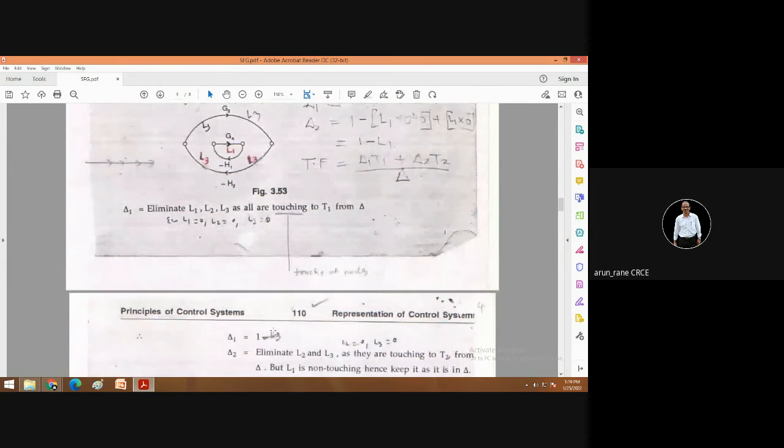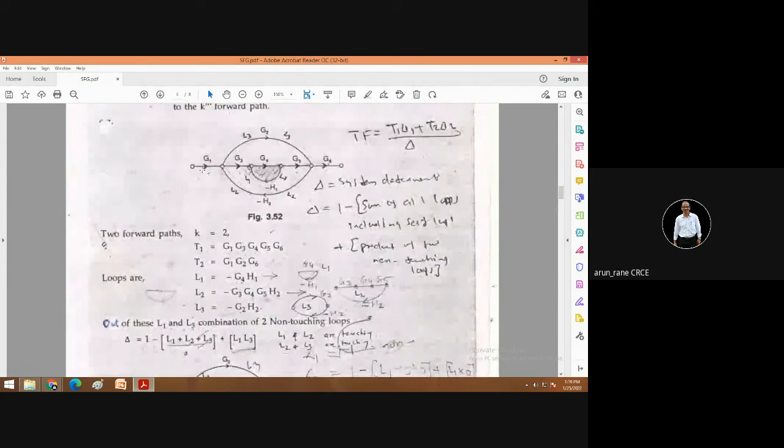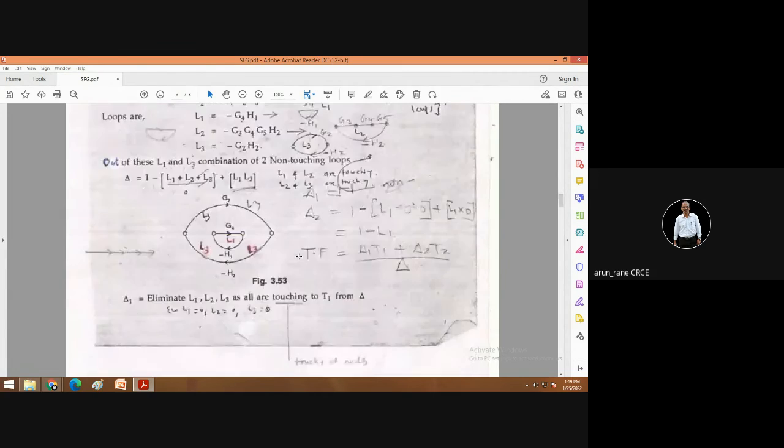Now delta 2. You have to find out now which loops are touching the second forward path. The second forward path is this. So L1 is not touching the second forward path. That is this. L1 is not touching the second forward path. L2 is like this. This is your L2.